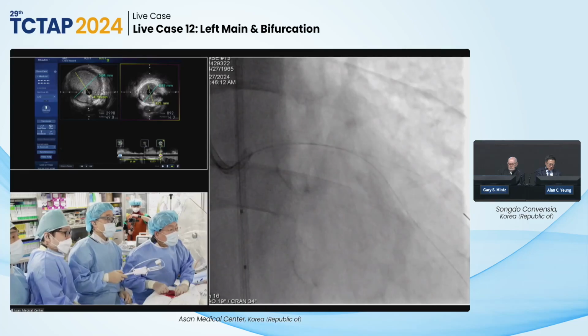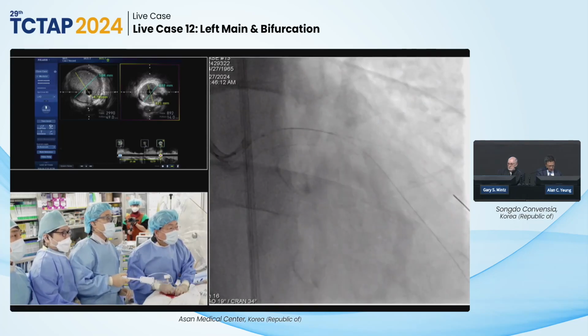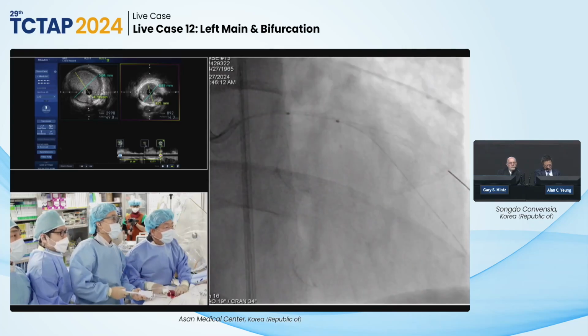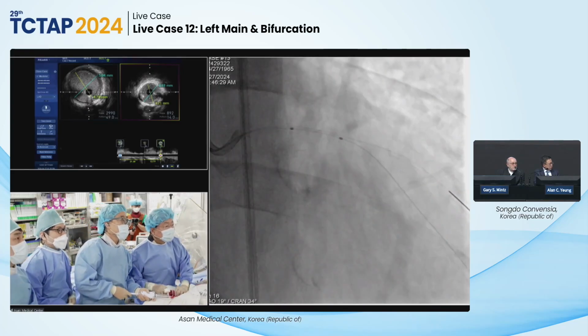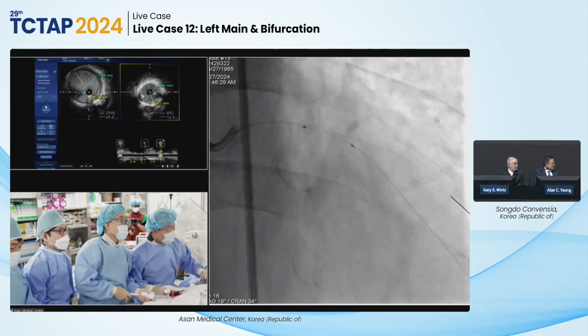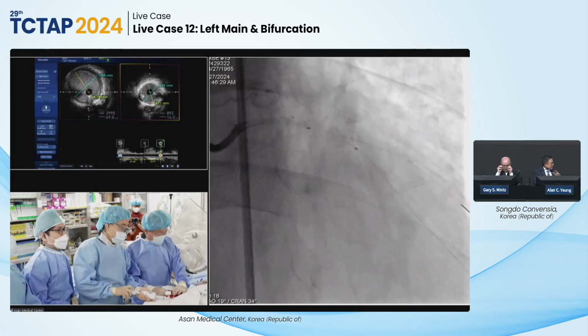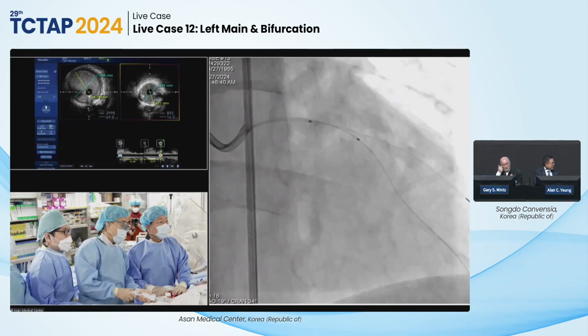This is a 3.0 NC balloon. Contrast, please. Dr. Koo, when you have the FFR like this, do you look for a particular FFR proximal to the bifurcation that you want to aim for?